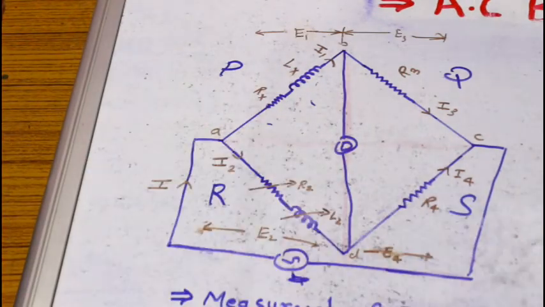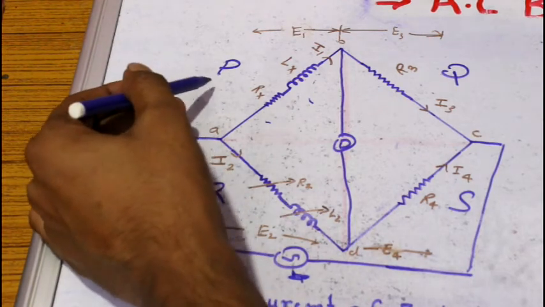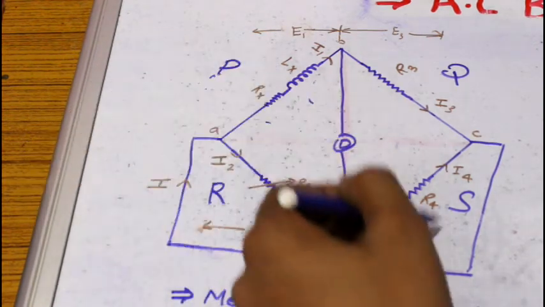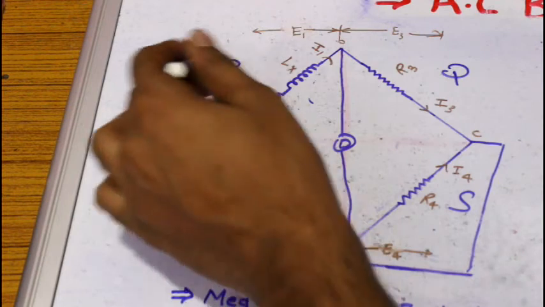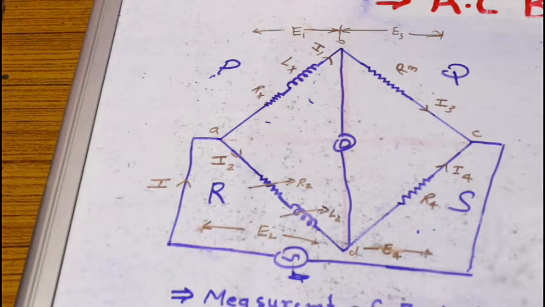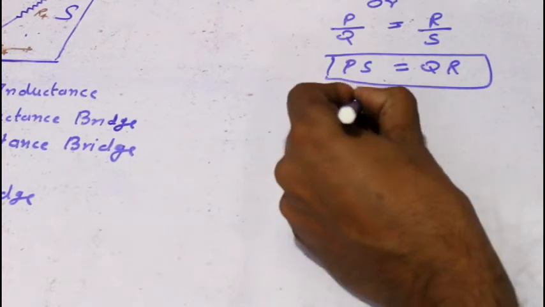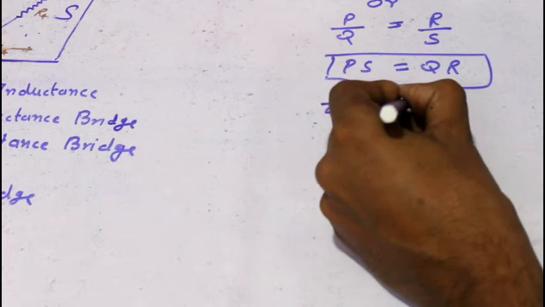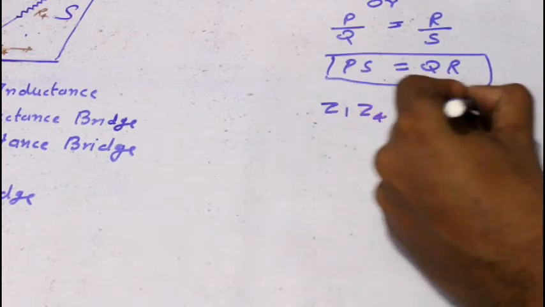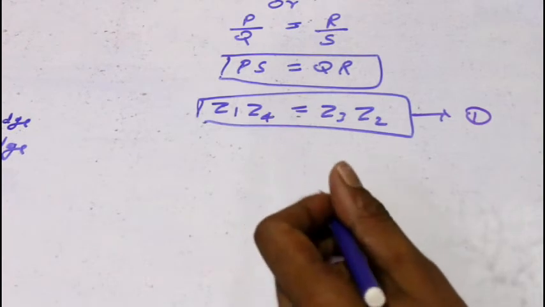Here P and S are respective opposite impedances, P is opposite to S and Q is opposite to R. Also we write Z1 Z4 is equal to Z3 Z2. This is equation 1.